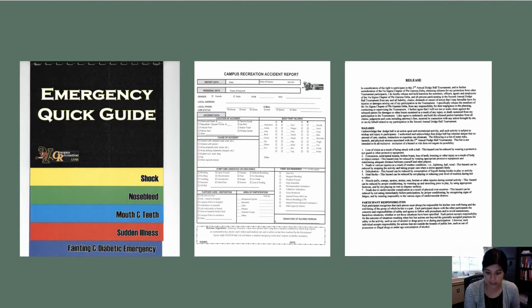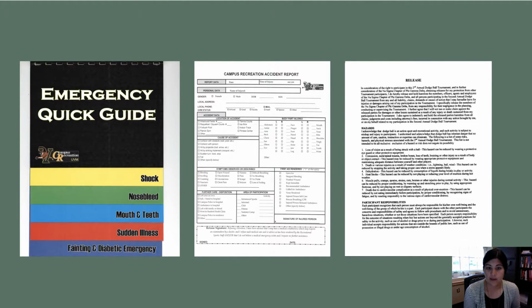There are other documents that we'd want to assess when we're assessing risk. So maybe reviewing the emergency guide that is on hand at a site. Is it thorough? Is it covering all that it needs to cover? Is it informative? Is it something that's accessible to staff? And there could be other documentation you look at depending on the site, right?